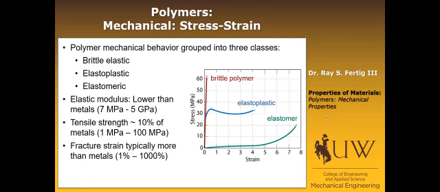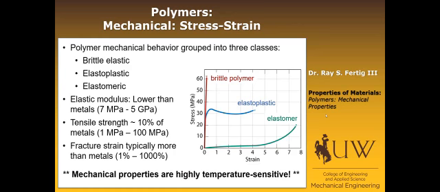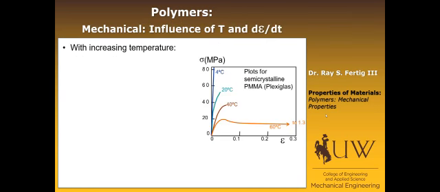But there's one other really important way in which these properties differ, and that's that mechanical properties of polymers are going to be highly temperature sensitive in a way that we just didn't see in metals or care about. So how do they work?